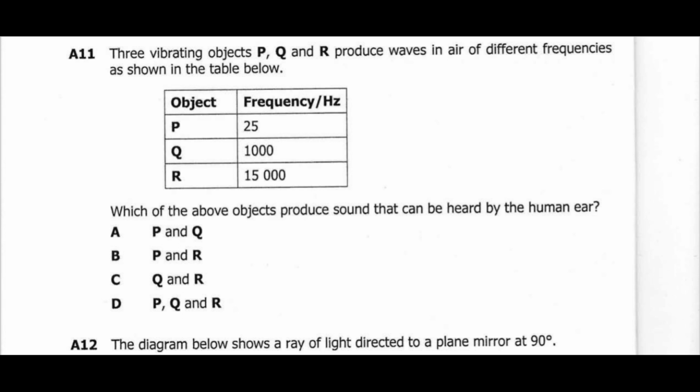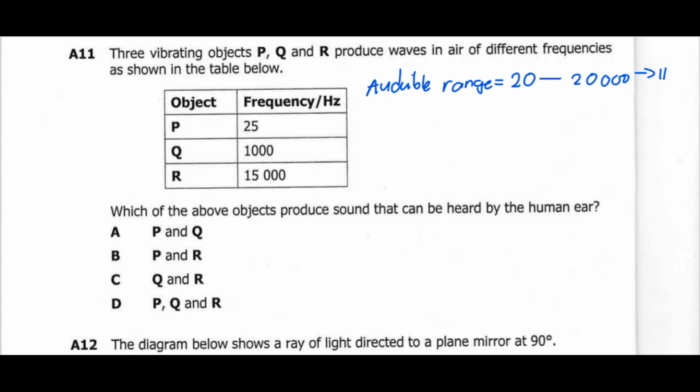For us to get the answer, first we need to look at the human audible range. This is just the range of sound that can be detected by the human being, and we know that that range is between 20 to 20,000 Hz.